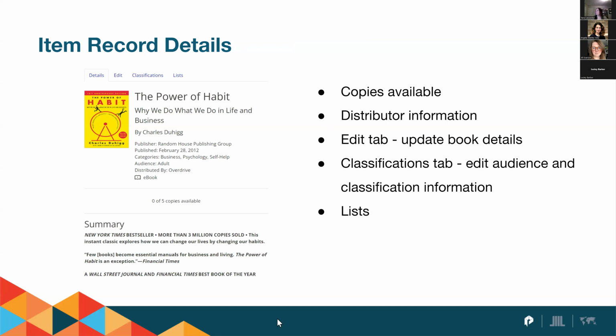In the classifications tab, you can also edit audience and classification info. So if you want to put more genres, subgenres, if you feel that the audience is wrong, say it's listed as children, but really it's YA, or if it's adult, you can make that update there. Additionally, you can add items to lists. And again, I'll show you how to do that.